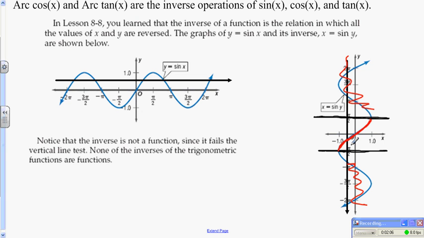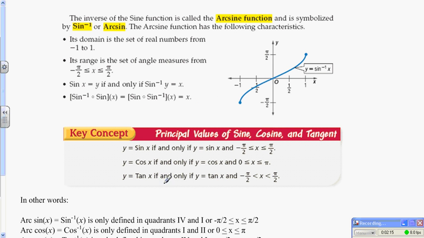Now cosine, sine, and tangent have different pieces that they take. What pieces do you take for it to be a function? Sine, as you saw, went from negative pi over 2 to pi over 2. In degrees, that would be negative 90 degrees up to positive 90 degrees.